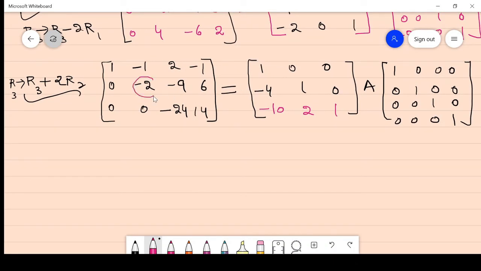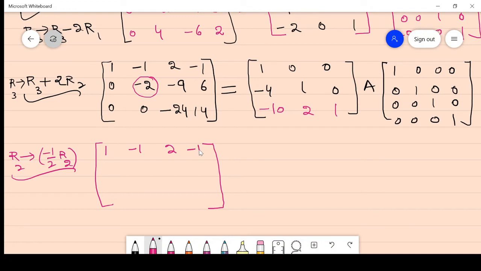should be 1. So if this term should be 1, we multiply R2, which is treated as minus R1, by 1 by 2 into R2. So this will become 1 minus 1, 2 minus 1, and this term is 0, 1, 9 by 2 into 3, and this will be 0, 0, and also we can divide this by 2.